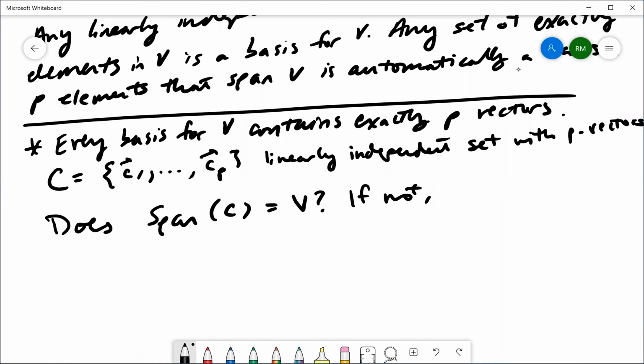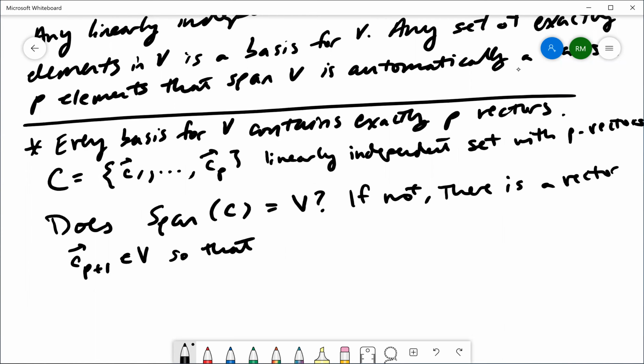If not, there is a vector, we'll call it C_{p+1}, in V, so that this equation here is inconsistent.